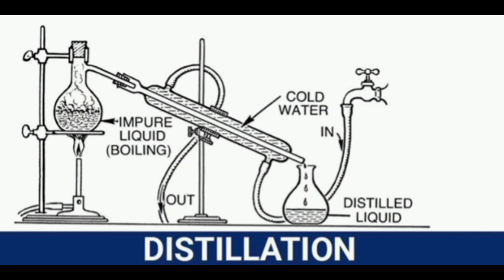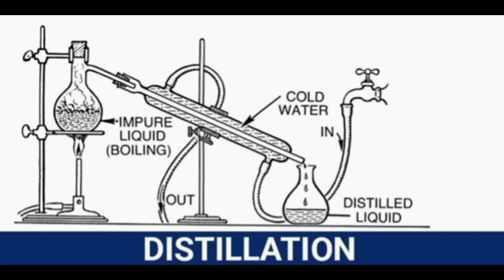And when it's 100 degrees Celsius, water will start boiling. You collect that one also, condense it, and then isolate it also. See, you've separated the water from the kerosene using simple distillation. The difference between simple and fractional distillation is that simple distillation will only be able to separate the two components if they have a wide range of boiling points.